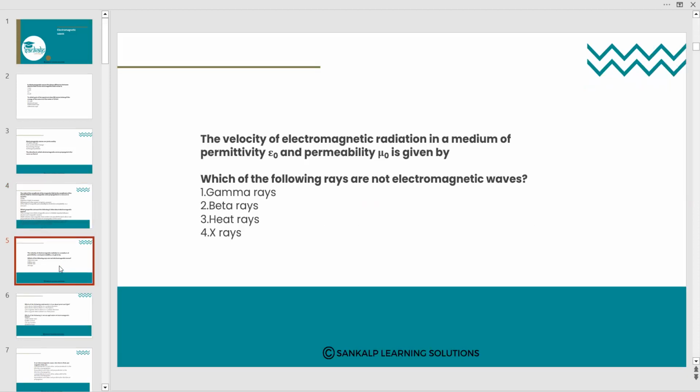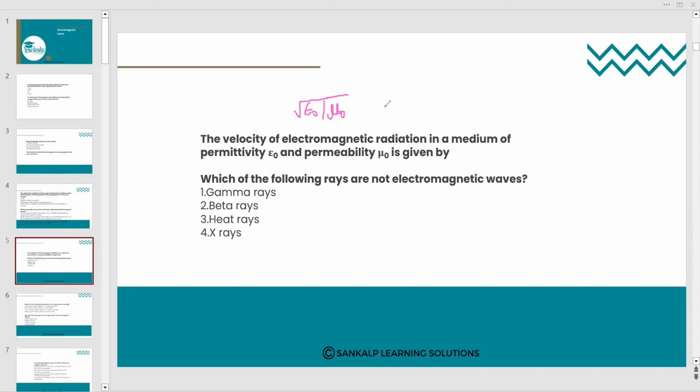Then the next question. The velocity of electromagnetic radiation in a medium of permittivity epsilon naught and permeability mu naught is given by. Option A is under root of epsilon naught divided by mu naught.